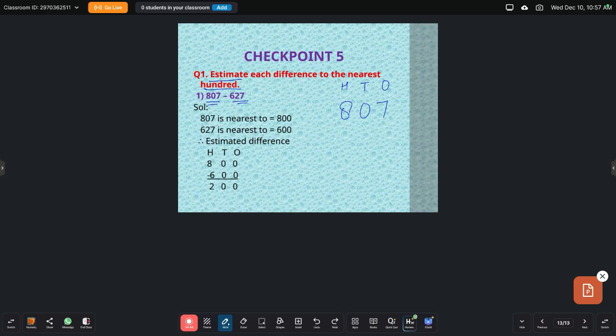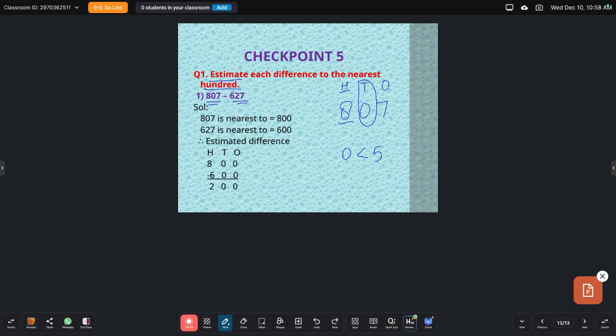Just as I told you, to round off the number to the nearest 100, we have to check the digit at tens place. If the digit at tens place is less than 5, we round to the same 100, that is 800.